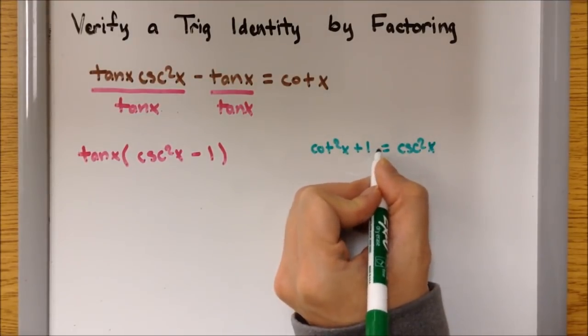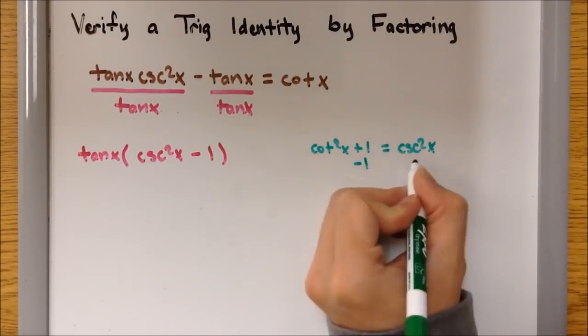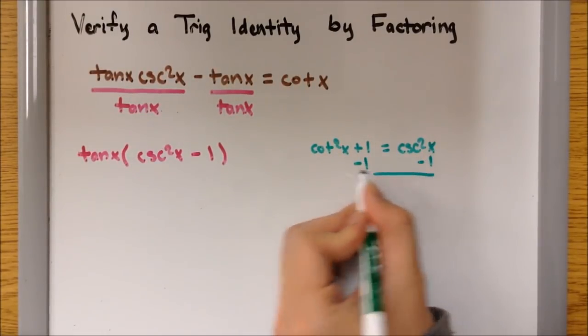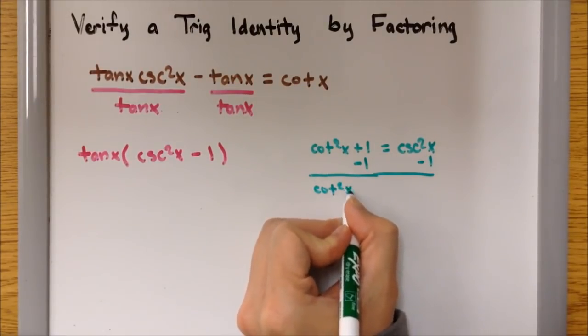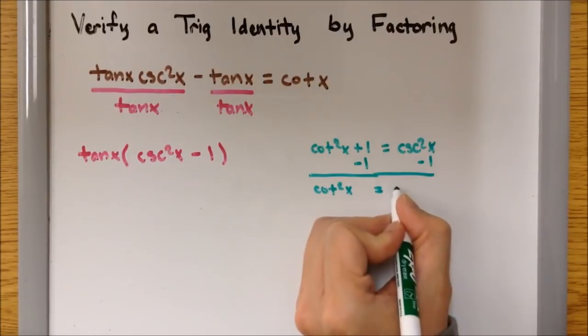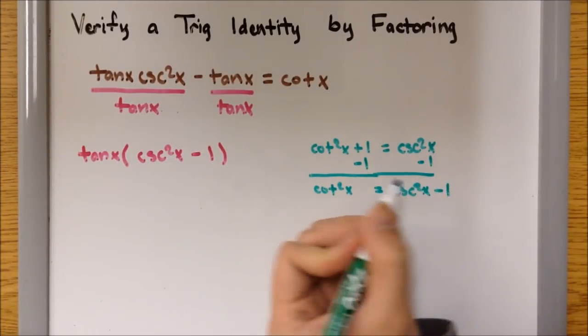If I want the 1 to be with the cosecant square of x, I'm going to do the opposite, so minus 1, minus 1. So cotangent square x equal cosecant square of x minus 1.